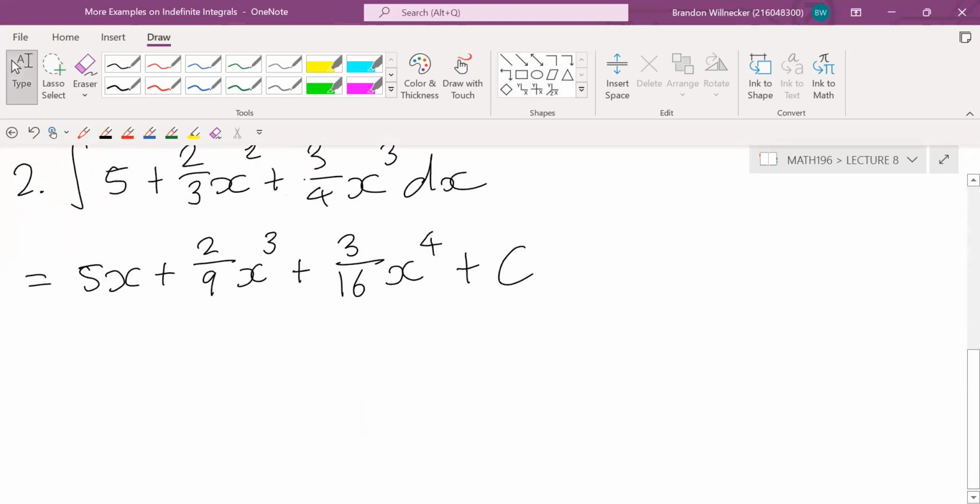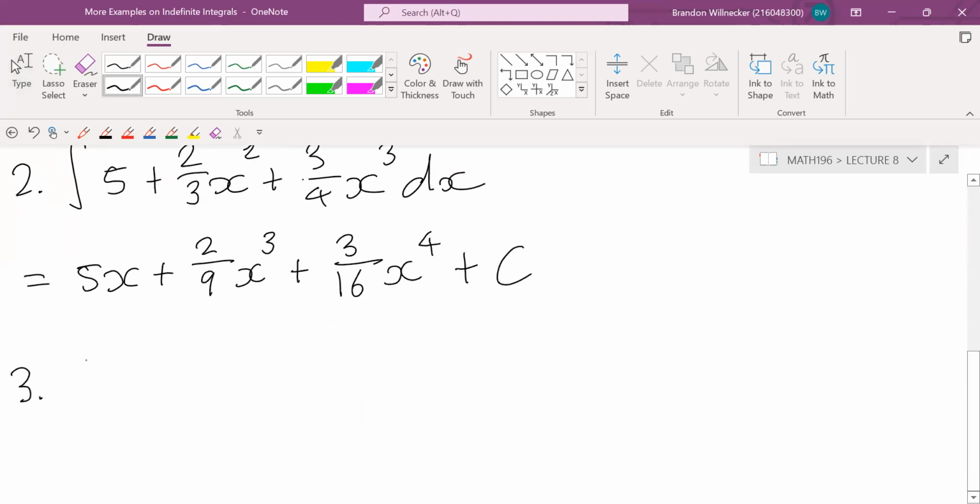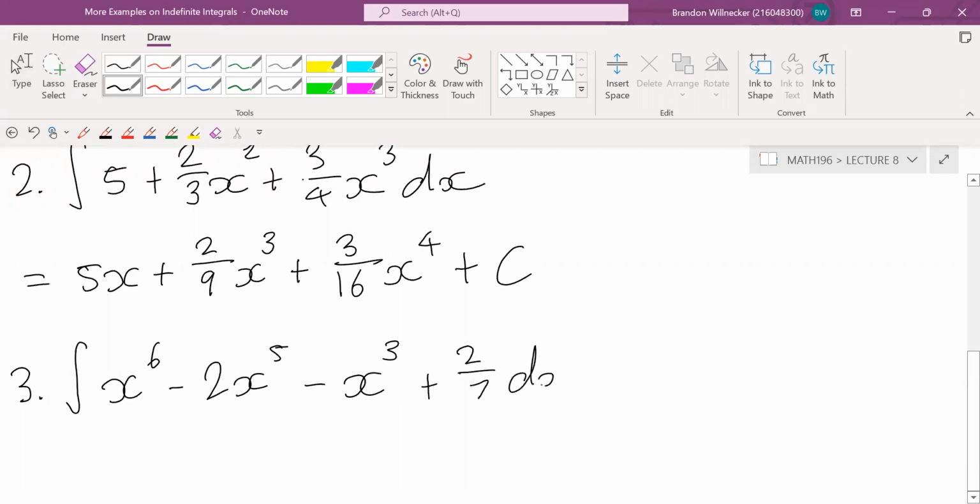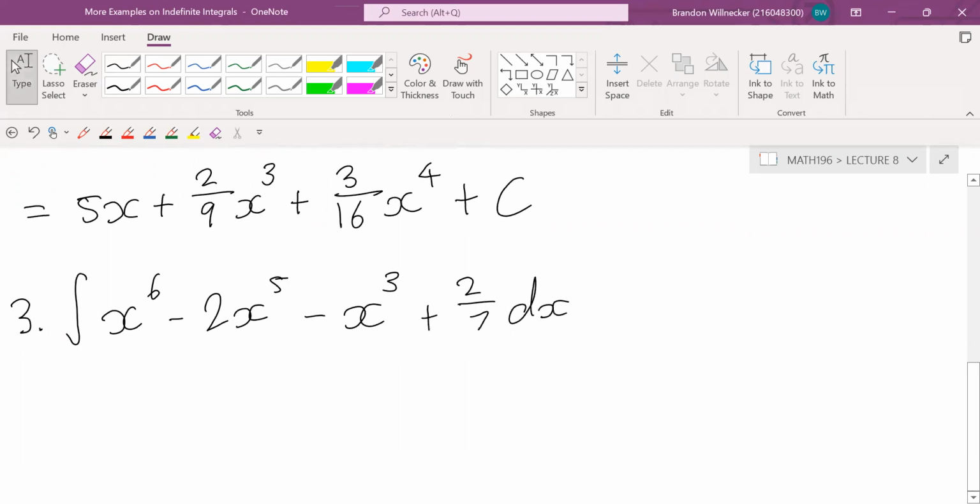Let's look at the next one. Number 3, we have the integral of x to the 6 minus 2x to the 5 minus x cubed plus 2/7 dx. Again, this is just a straightforward polynomial, so we can apply the antiderivative rules to each term.